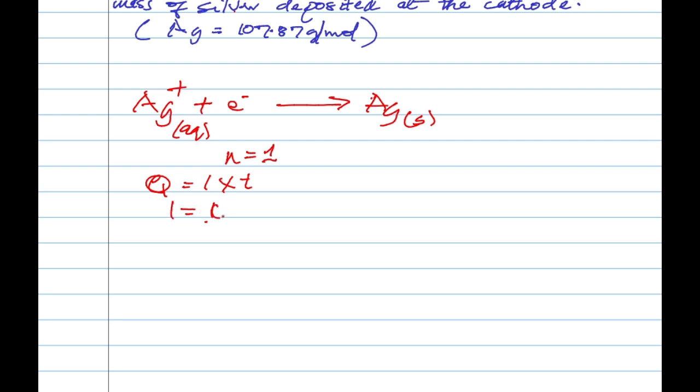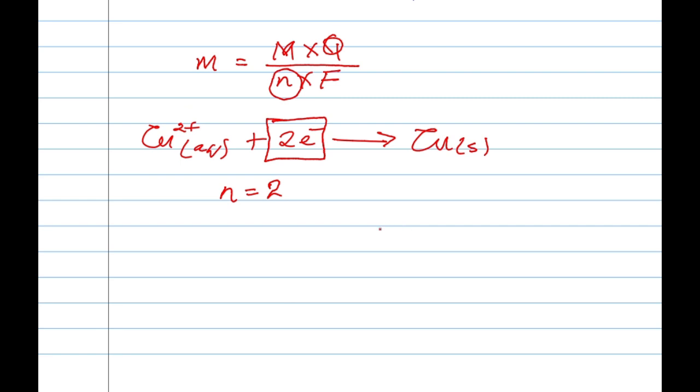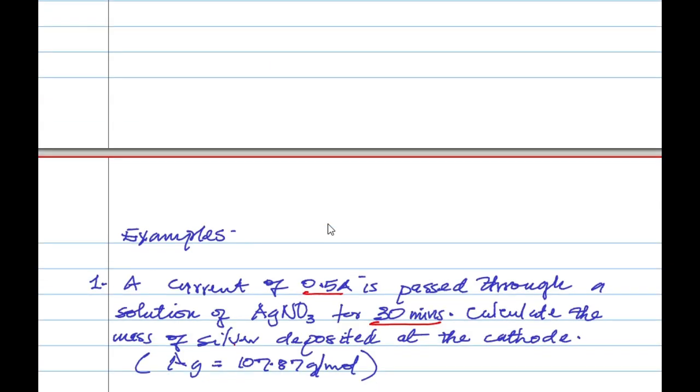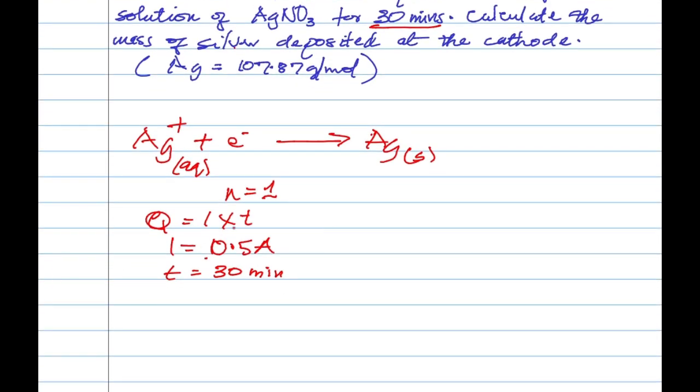I equals 0.5 ampere, while time is 30 minutes. But if you remember, we said time has to be in seconds, not in minutes. So we need to convert 30 minutes to seconds. How do we do that? We multiply by 60. So 30 minutes times 60 will give us 1,800 seconds. This is what we need for the calculation.